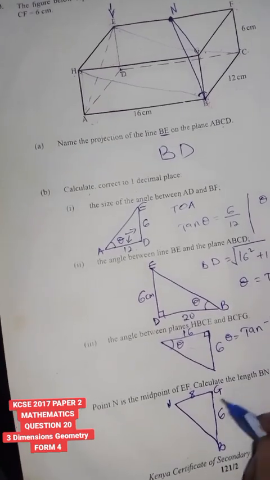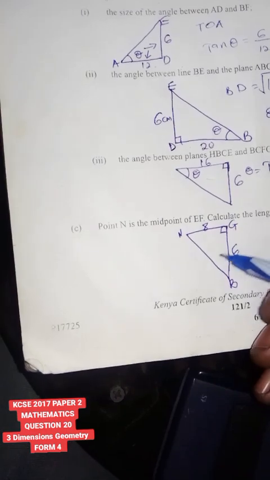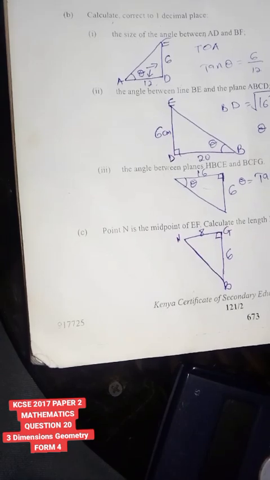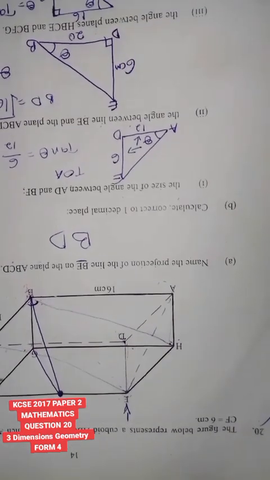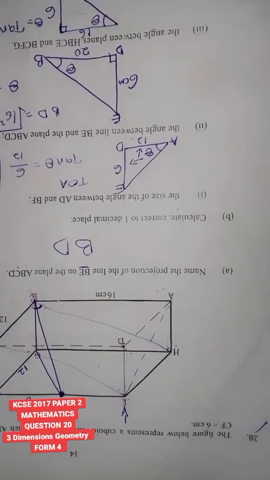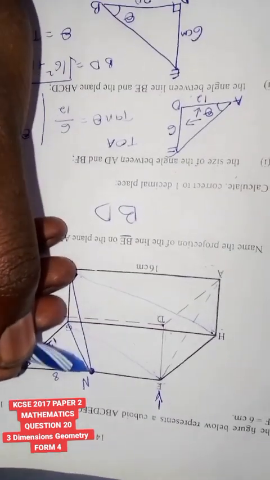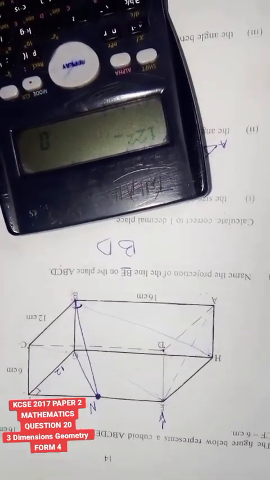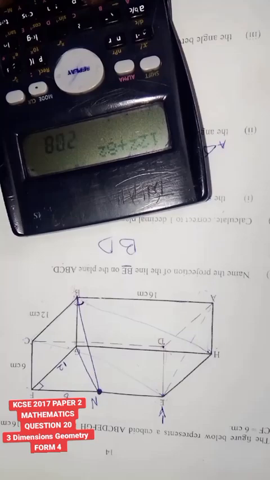We are going to use Pythagoras theorem because they are cut at 90 degrees, so that we can get the length there. If I come back to the figure, we know that this here is 12 and this part is 8. Taking that as 90 degrees, we can use Pythagoras theorem first to find NG. That is 12 squared plus 8 squared.